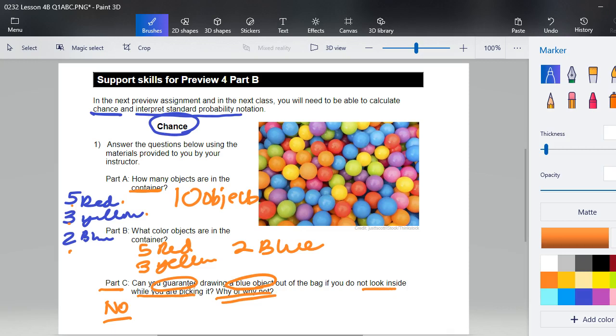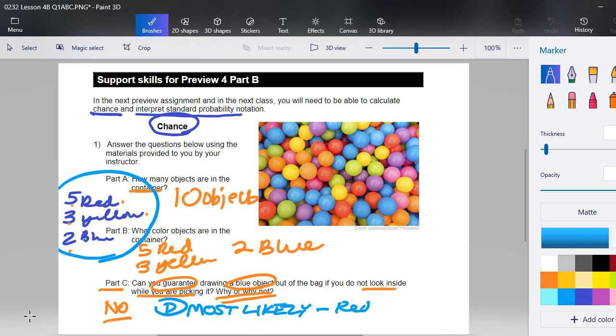I'm just going to look on my paper for D, and it says what color object is most likely to be drawn. When you look at our numbers, which number represents the most in the bag, well, that means it is likely.